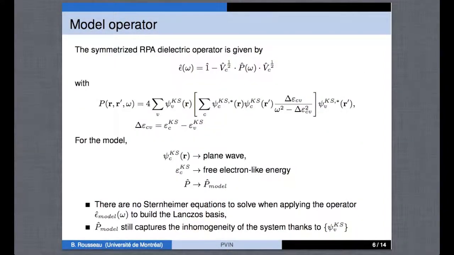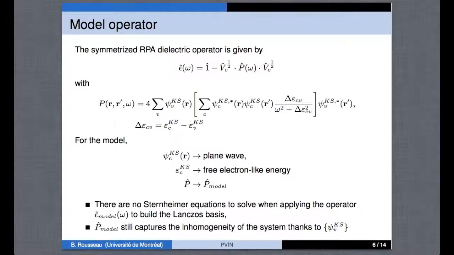So just let me briefly tell you what this dielectric operator actually looks like. So we have this expression for the dielectric operator, namely it's the identity minus the Coulomb potential times the polarizability. And if you were to try to compute this polarizability explicitly, then you'd have valence states and conduction states. That's, of course, something we want to avoid. For the model, we simply replace these conduction states by plane waves and these conduction eigenenergies by free electron energies.